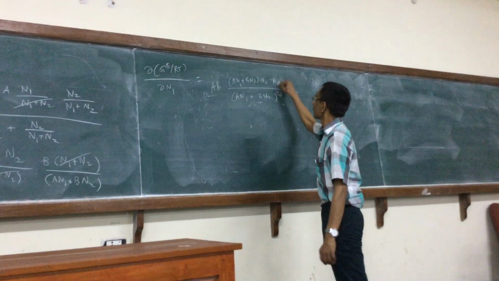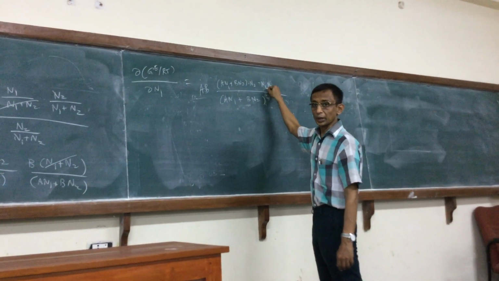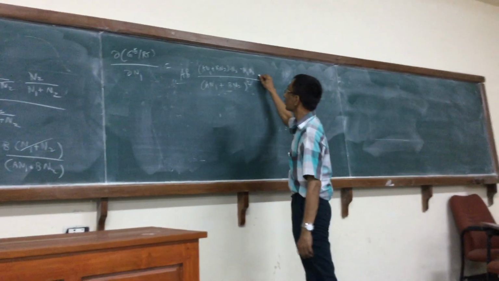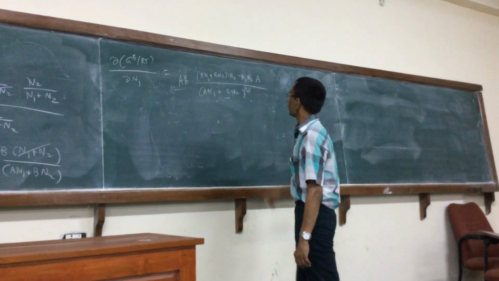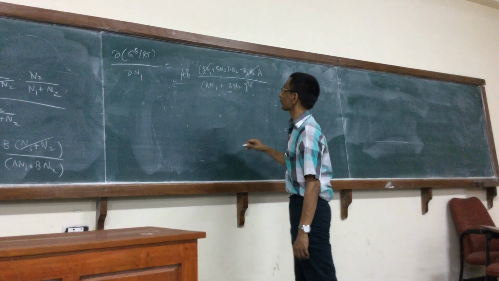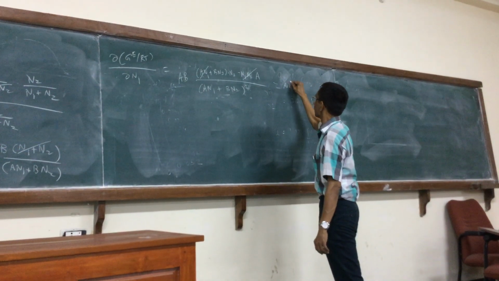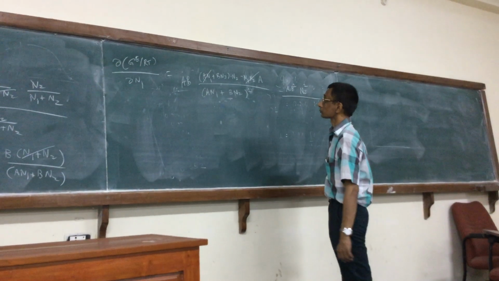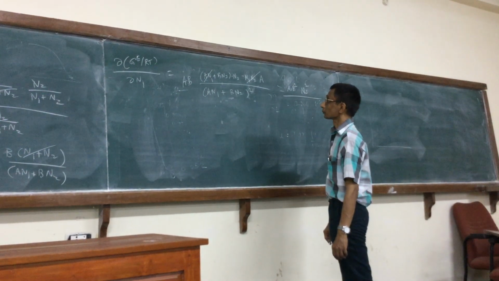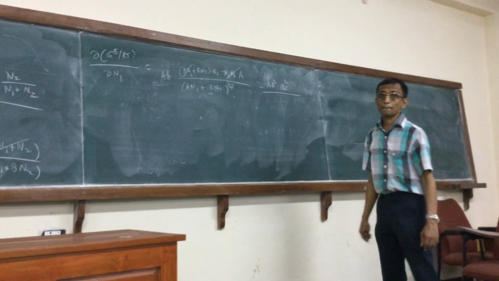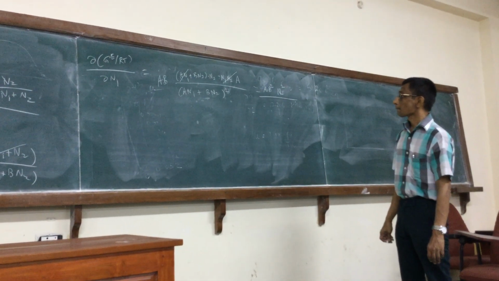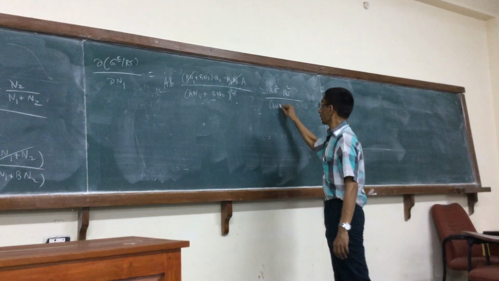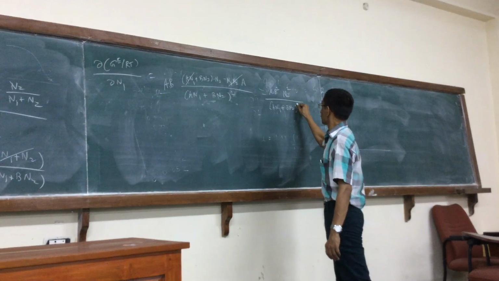Then minus N1 N2, the numerator, times the derivative of the denominator, which is simply A. So clearly you can see A N1 N2 will cancel, and you get A B squared N2 squared by (A N1 plus B N2) the whole square.